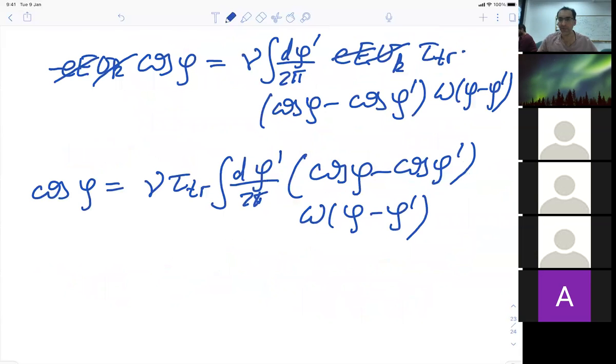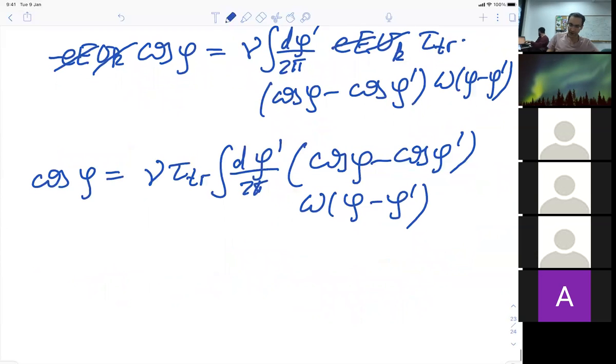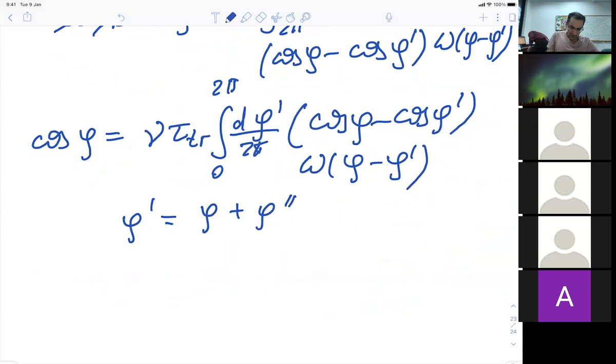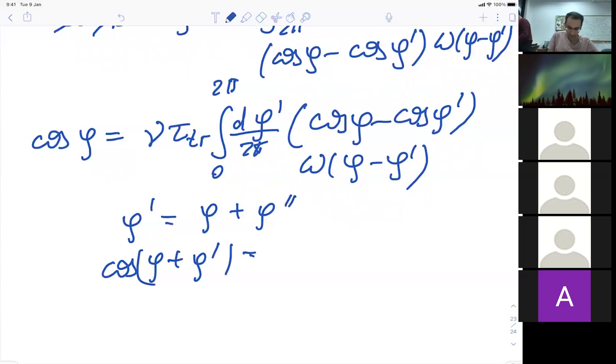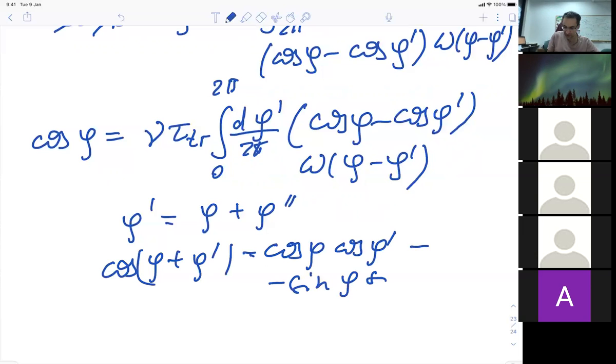Okay, just bear with me one more minute and then I'll explain what actually is going on physics-wise. But formally we got this equation, then we can shift the variables of integration. So let's call phi prime equal to phi plus phi double prime, and use the identity that cosine of phi plus phi prime is equal to cosine phi cosine phi prime plus or minus sine phi sine phi prime.